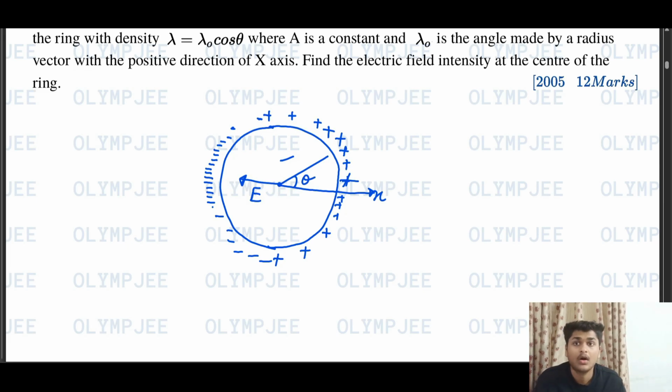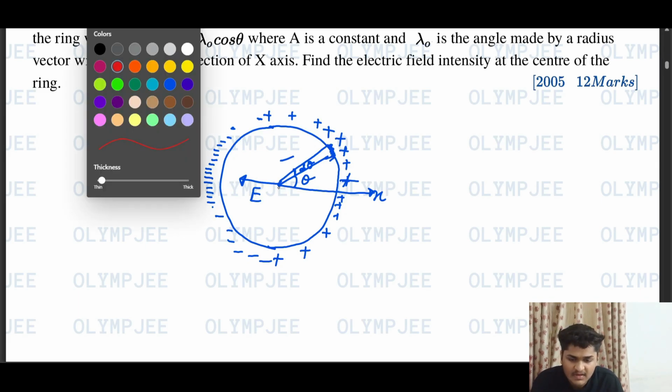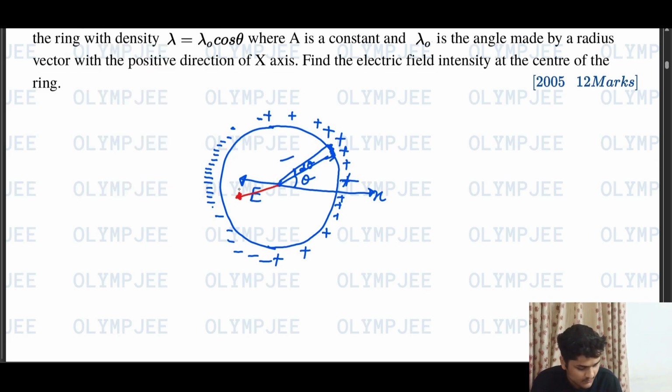So now let me write the field due to some very small element d theta. Due to this, we will have the field here, and this will be dE.